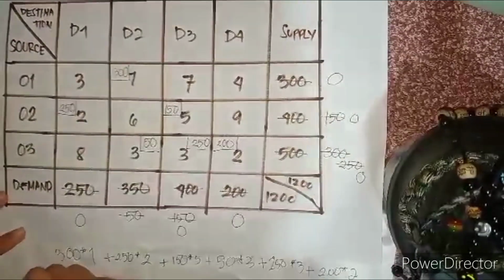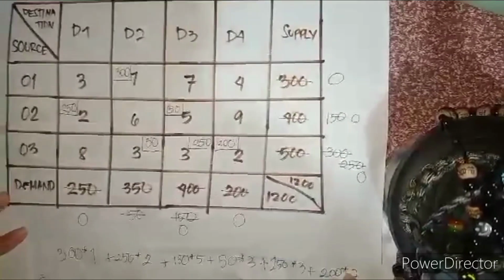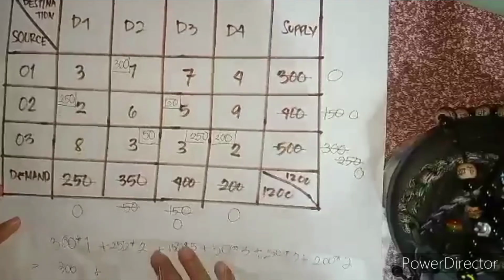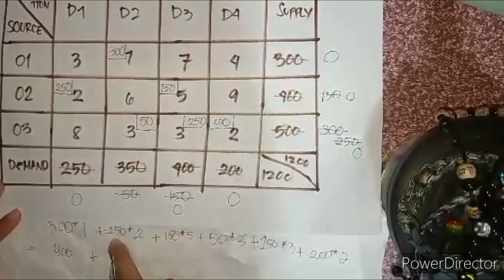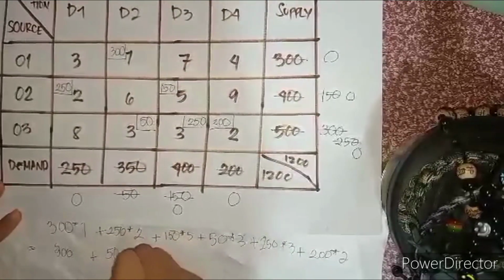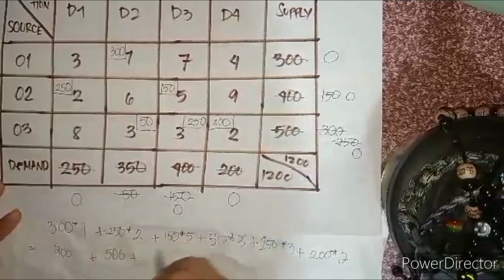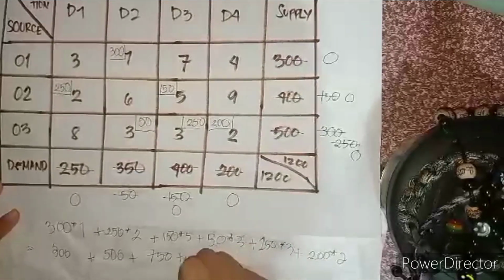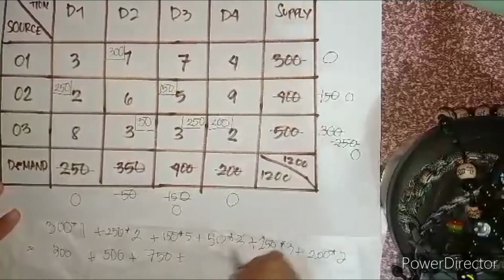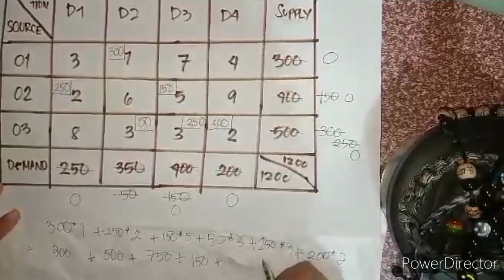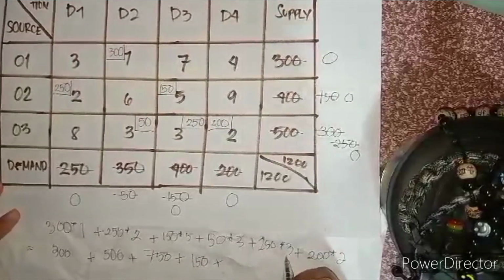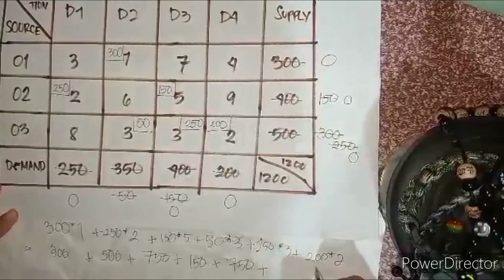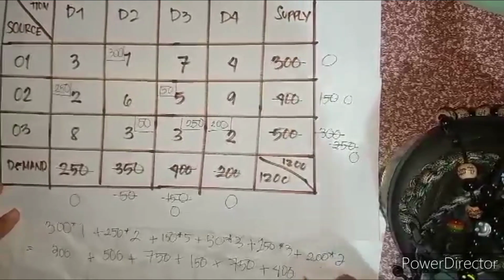So let's add all of this. 300 times 1 is equal to 300, plus 250 times 2 equals 500. 150 times 5 is equal to 750. Plus 50 times 3 is equal to 150, plus 250 times 3 is 750, plus 200 times 2 is equal to 400.